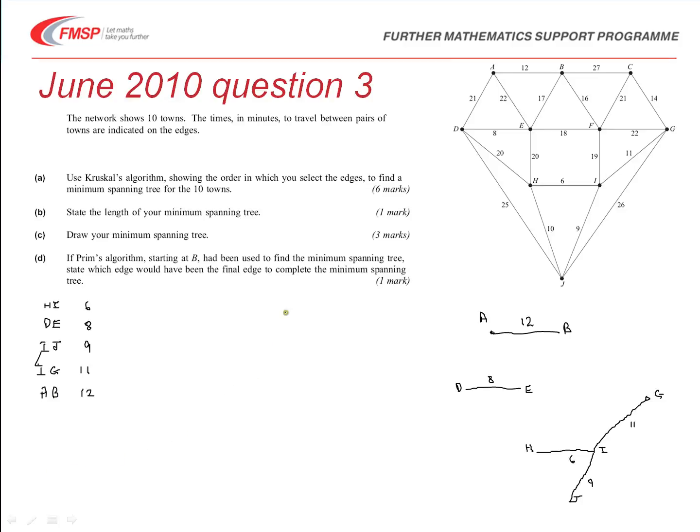We need to find the next shortest one that we can include, which is CG, which is 14. That goes up to here, and we add it to our list.